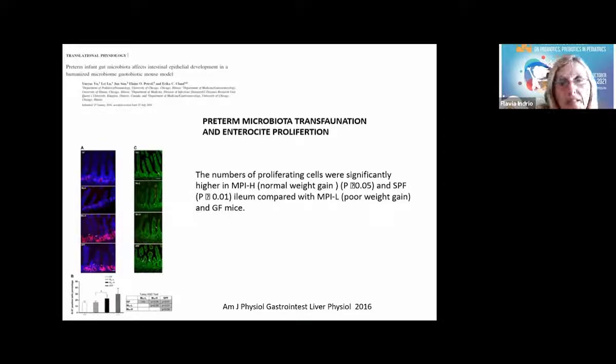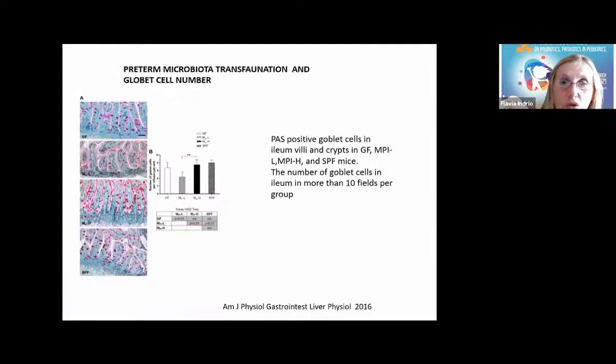And they did the same with feces from newborns with a poor weight gain. And of course, they compared with the germ-free mice. Remember that I told you that the main scientific discoveries and research on this microbiota and immunization came from germ-free rats. So what did the authors find in these three groups?